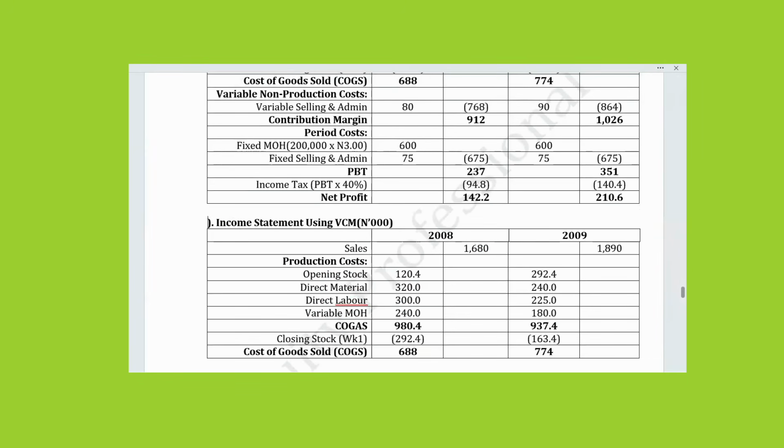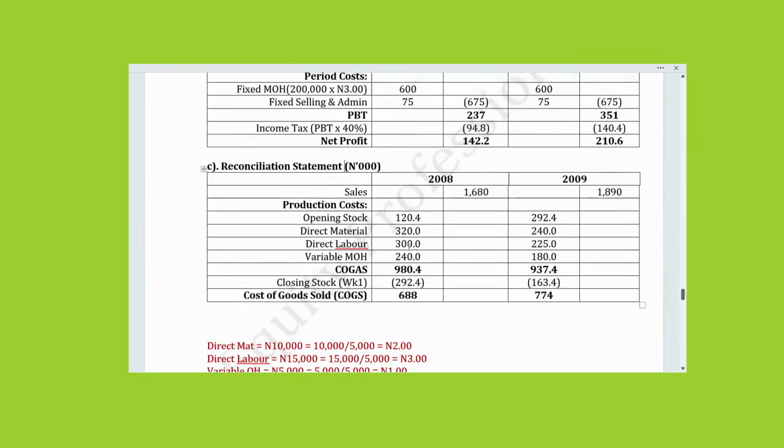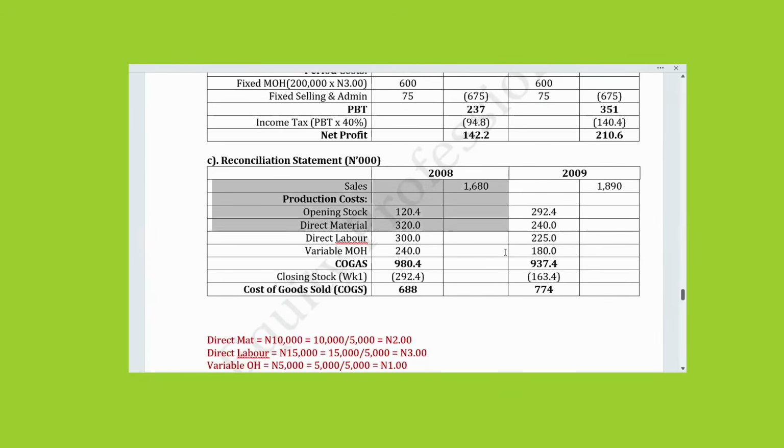Number C, reconciliation. Our figures are still in thousands. I don't need all of these figures.